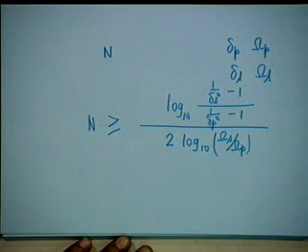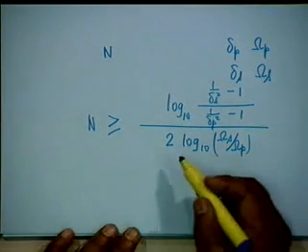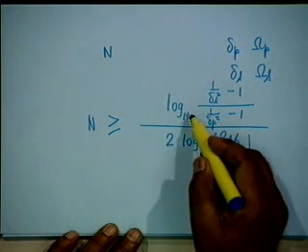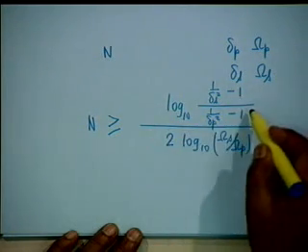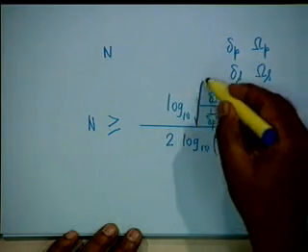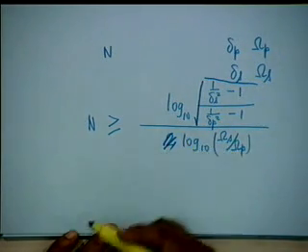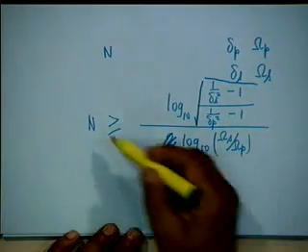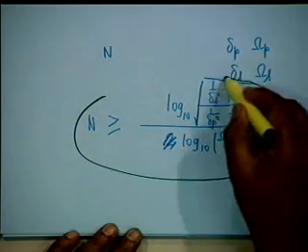For reasons to be made clear a little later, if we take this 2 in the numerator, it will be half log 10 of this, and the half we can absorb by taking a square root sign. This is the formula that we shall use because of reasons to be made clear a little later.